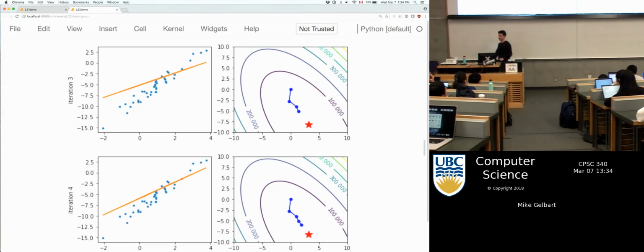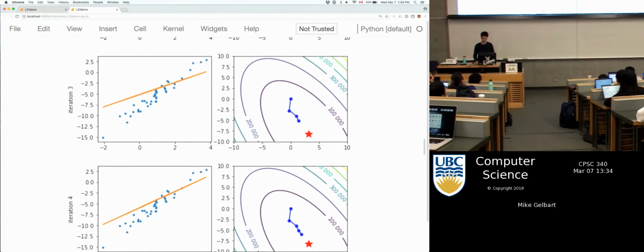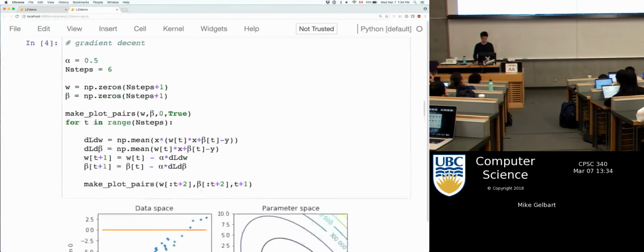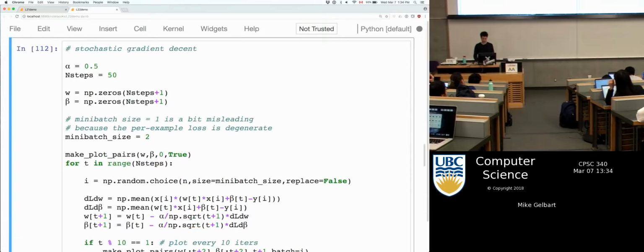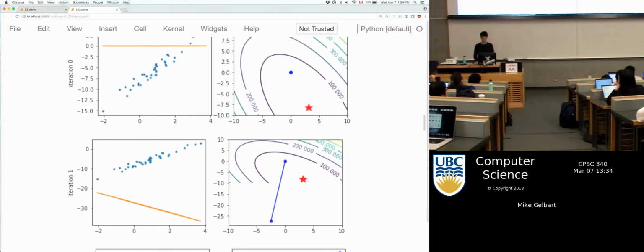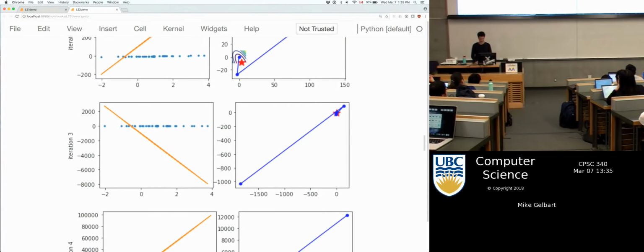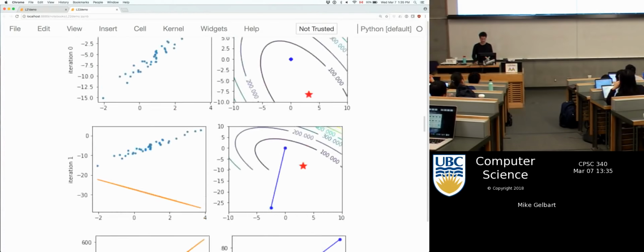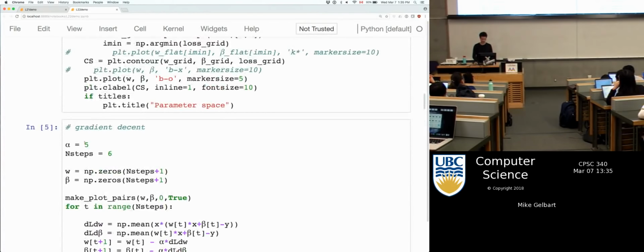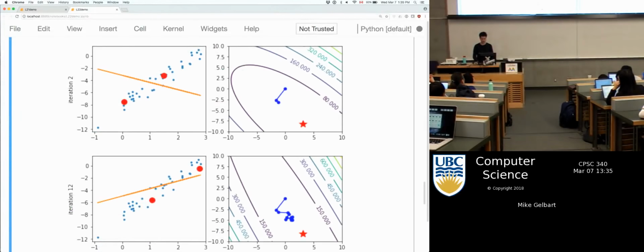You can make alpha big and watch it blow up. I guess that would be fun. Anyways, this is worth playing around with, but nothing new here because this is just gradient descent.